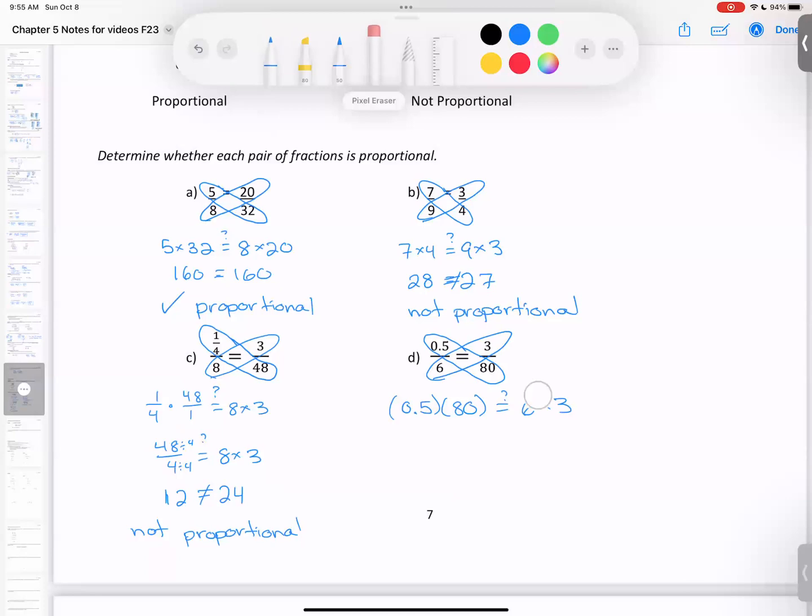Sorry, I'm inconsistent here, but I could use the X symbol for multiplication, or I can use brackets. Let's use brackets. 0.5 times 80 will give us 40. And we're asking if that equals 6 times 3, which is 18. So in this case, our fractions are not proportional.